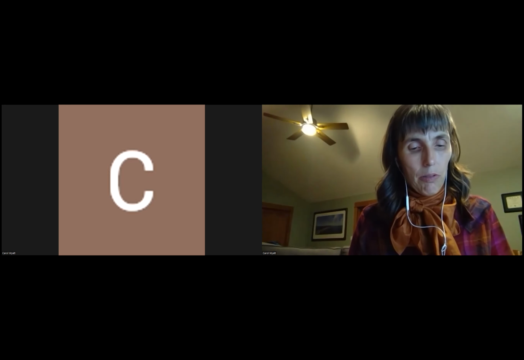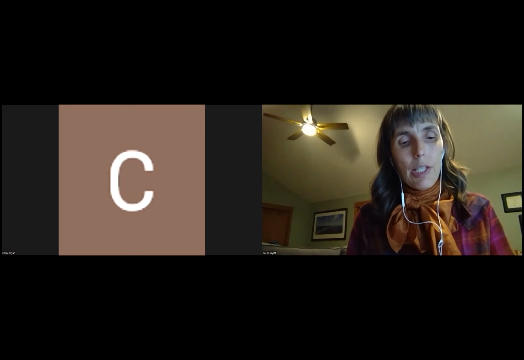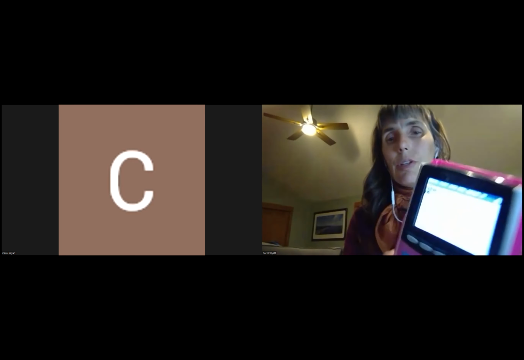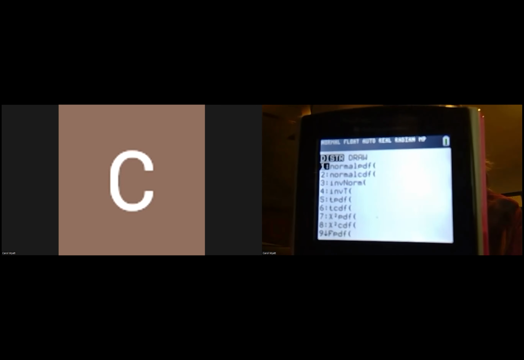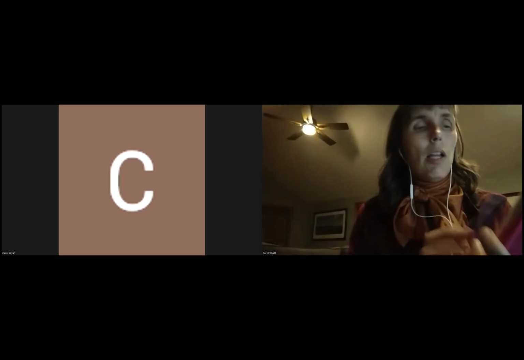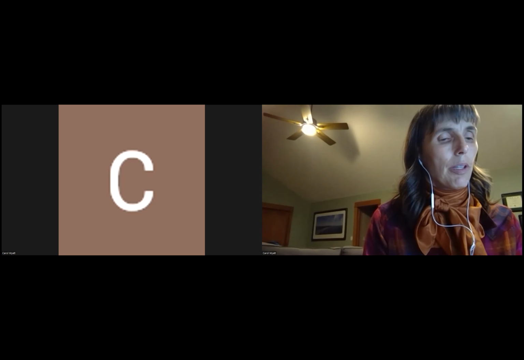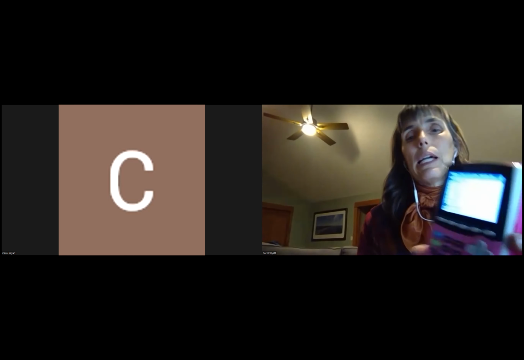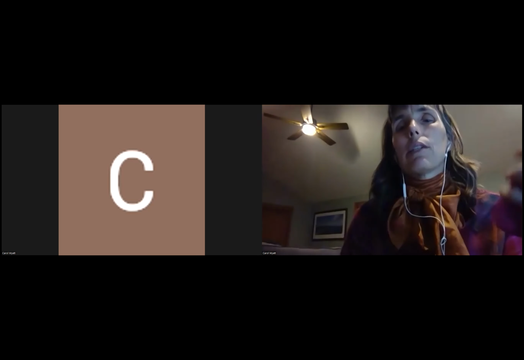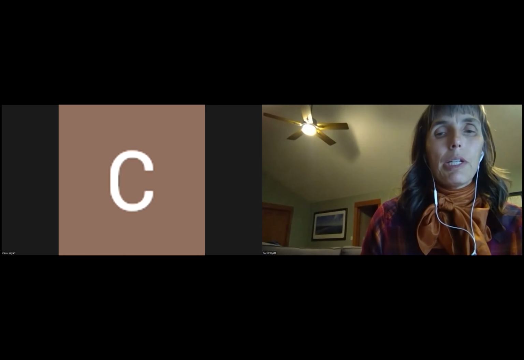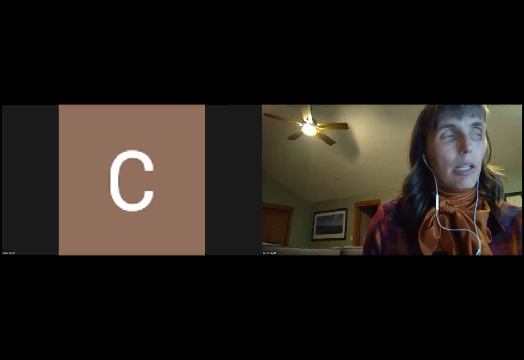So if I go to second, distributions, we use this button a lot throughout the course. Second, distributions. And I go down to the one at the bottom. It says binomialpdf. That stands for binomial probability density function.